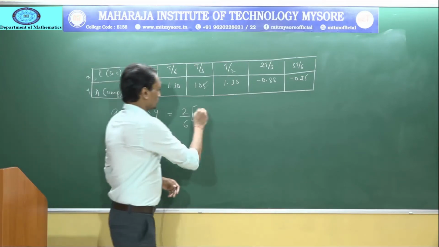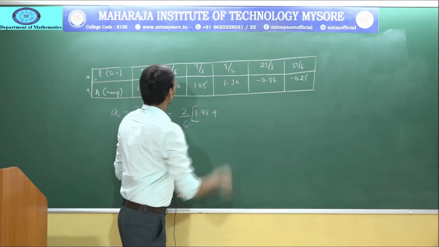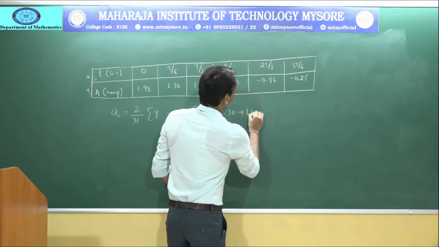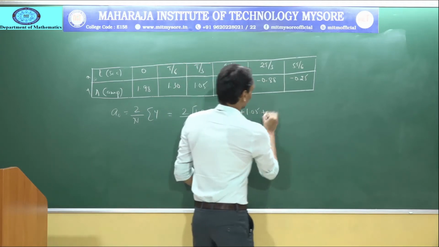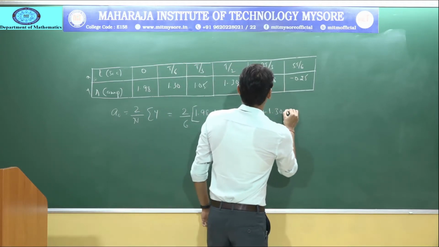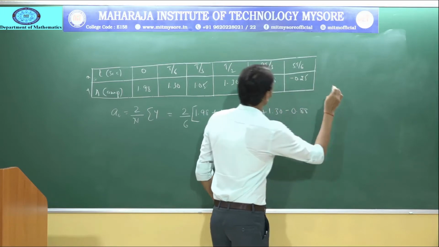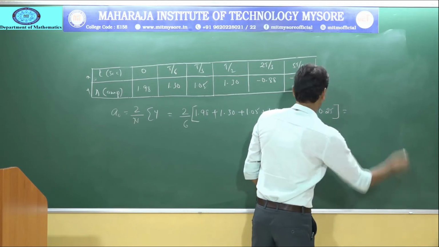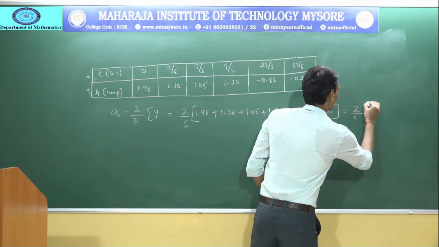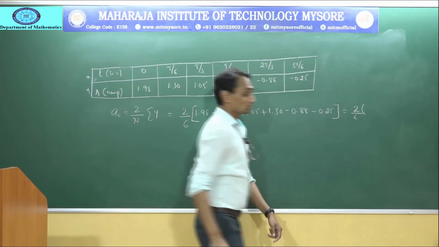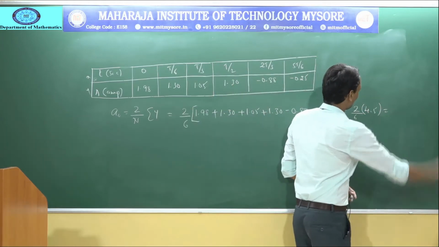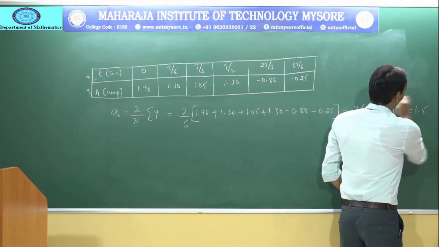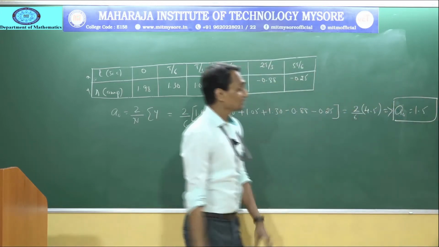Summation of y: 1.98 plus 1.30 plus 1.50 plus 1.30 minus 0.88 minus 0.25, which is equal to 2 by 6 into the sum of all the values, 4.5. Simplifying this equation, a0 equal to 1.5. This is calculated for a0.